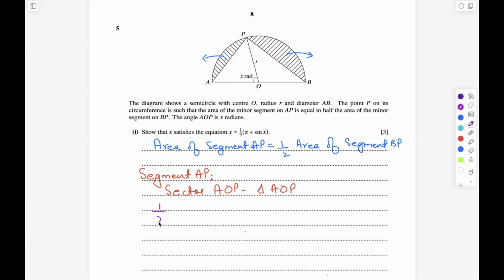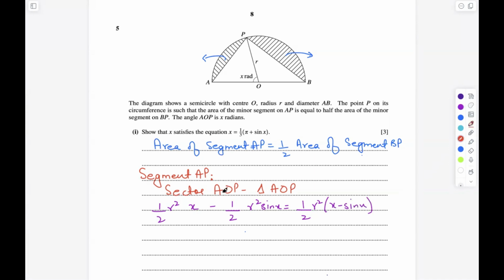So in this case, we have half into r squared and theta is x. And the area of triangle will be given by the formula half ab sine C. So this will become half, and the two lengths are r and r, so that will become r squared, and the angle is x, so this will become sine x. As half r squared is common, we can write it as half r squared into x minus sine x.